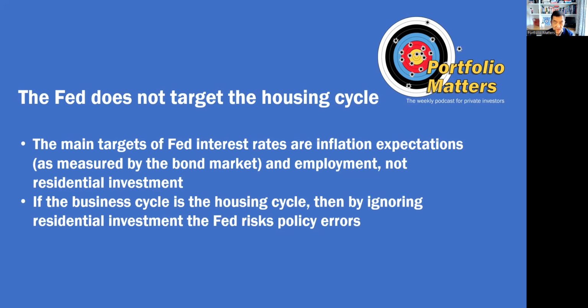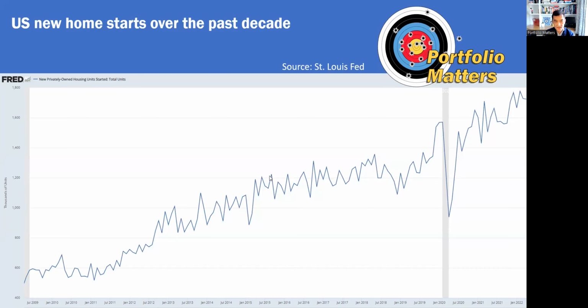And by ignoring the business cycle, there is the danger that the Fed is targeting the wrong variables and has made errors. So these are US new home starts over the past decade.